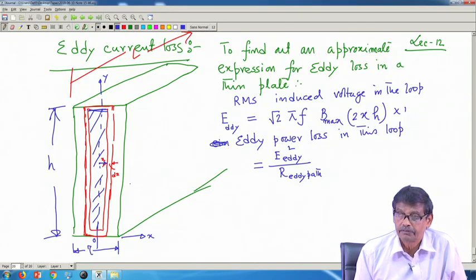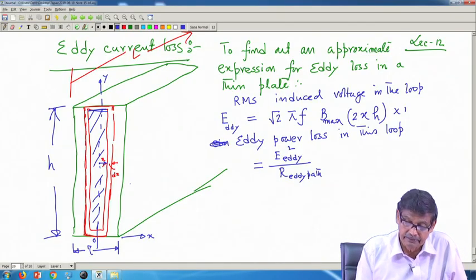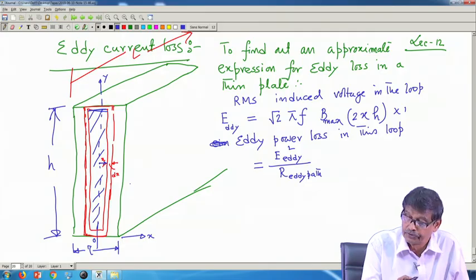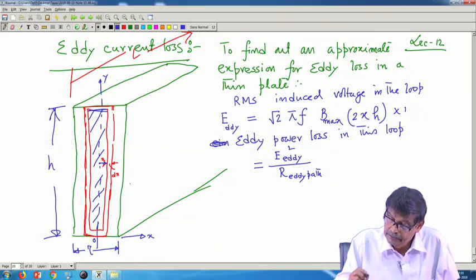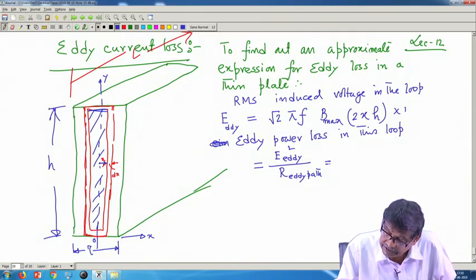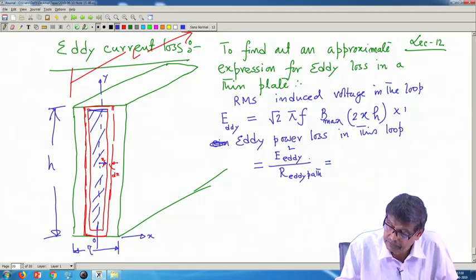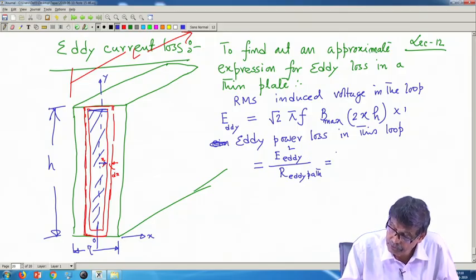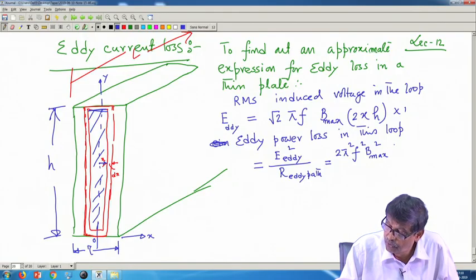This will be the power loss, V square by R, what else, because the circuit is closed. Therefore, I will now put these values. It will be 2 pi square f square B max square into 4 x square h square.